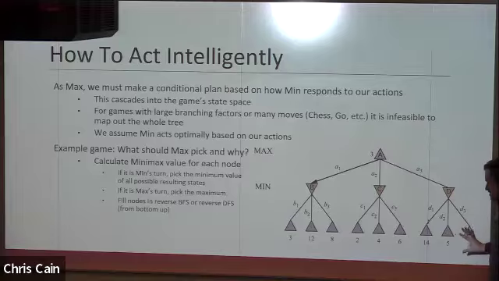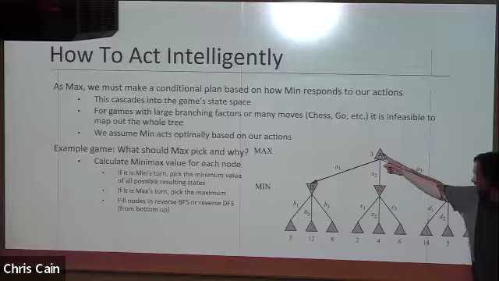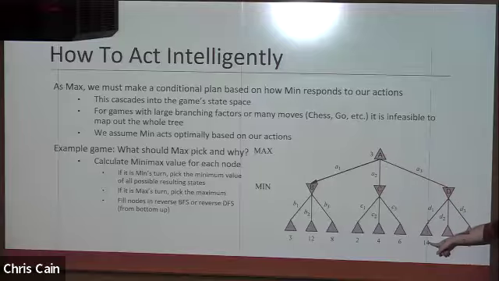But before we get a score for anything, min gets a chance to counteract what max does. So max could take this action in the hope that it can eventually get that 14, but because min acts here, min is going to choose whatever is best for min. So we end up with this 2, not this 14.